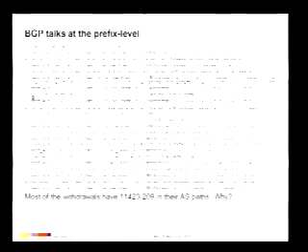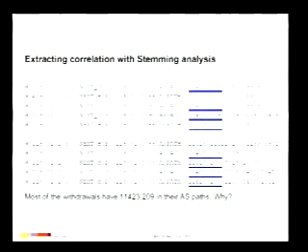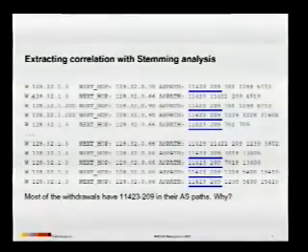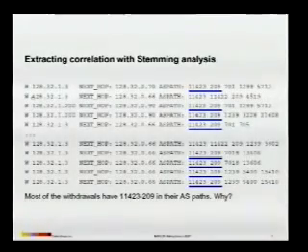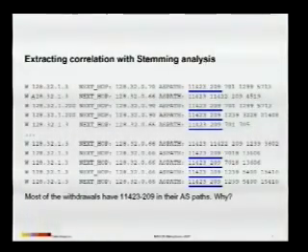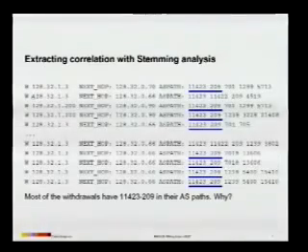Now, let's take a bunch of withdrawals from that event stream and look at what they look like. You see that most of the withdrawals from that event spike have 11423 and 209 in the AS path. 11423 is CENIC and 209 is Qwest. And you see the BGP router IP address and the next hop.